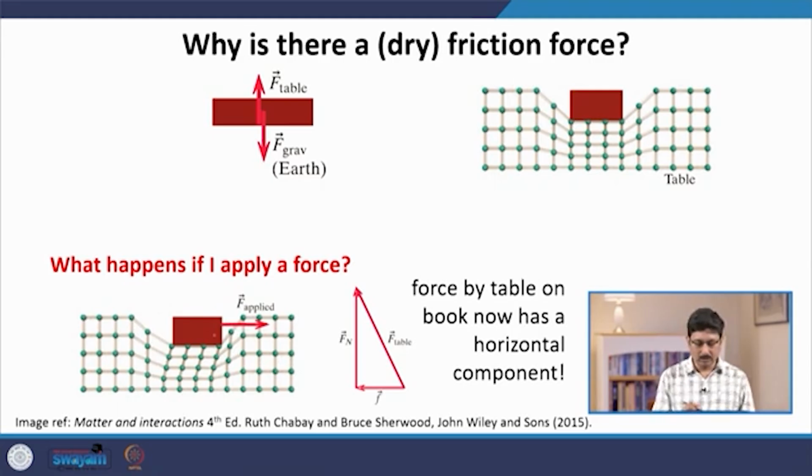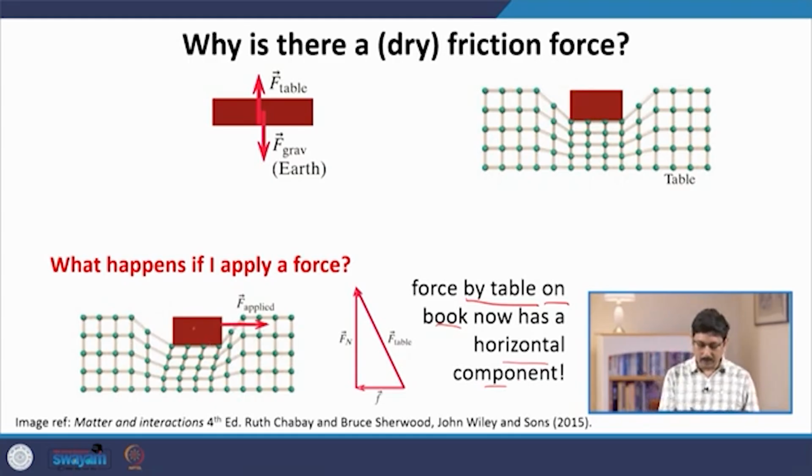And it is easy to see that because of these new kinds of deformations, the force by the table on the book will have a horizontal component, because it will also try to remove the deformation in the sideways direction.